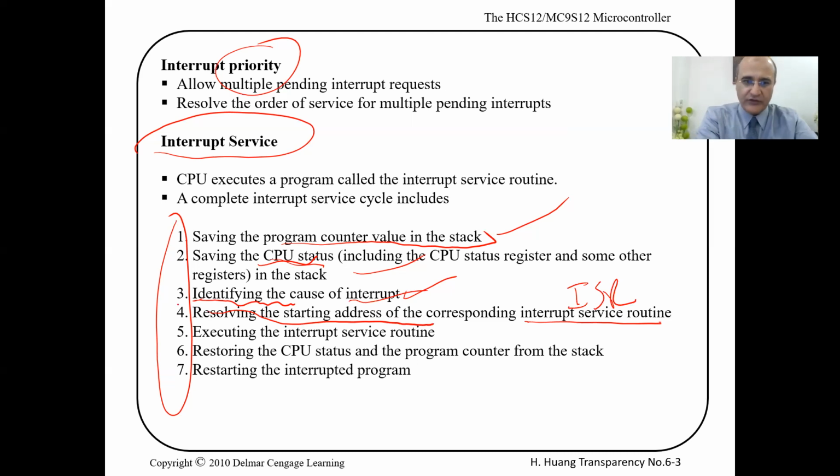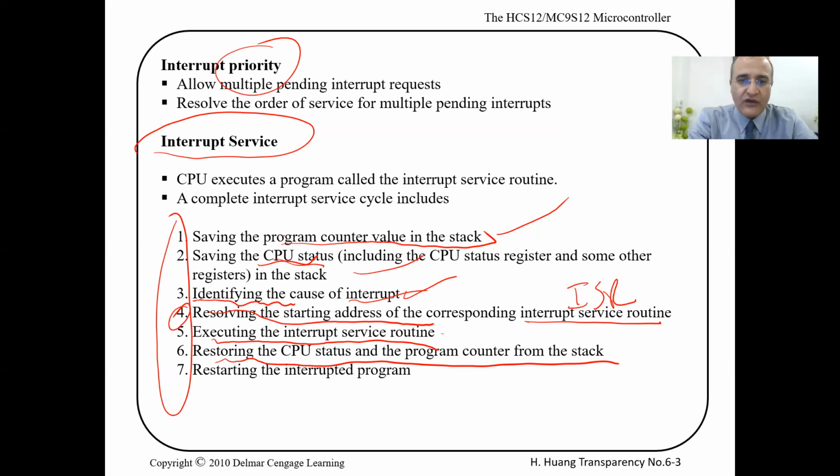When we figure it out, we're going to talk more about this. When we figure out where the code is, we make the program counter point to the interrupt service routine, and execute the code in it. When done, we return from the service routine. There is an instruction called return from interrupt service routine.